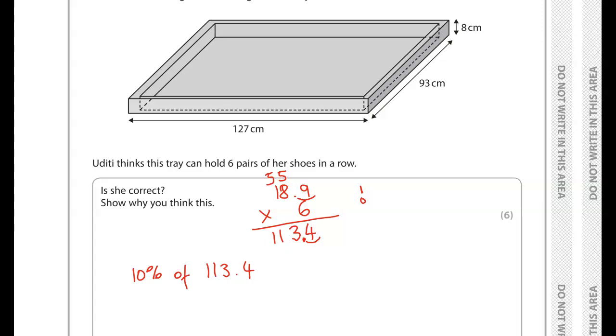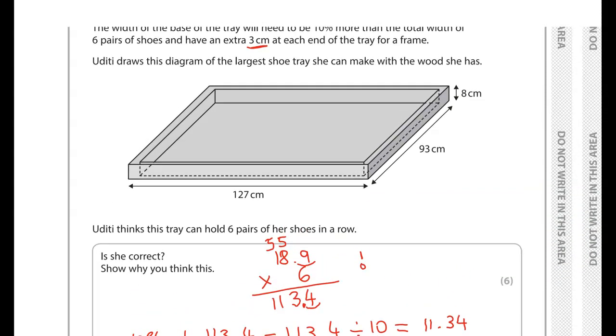Now to work out 10%, you divide by 10. So 113.4 divided by 10. And the shortcut for that is to move the decimal point 1 place to the left. So this number becomes smaller. It becomes 11.34.